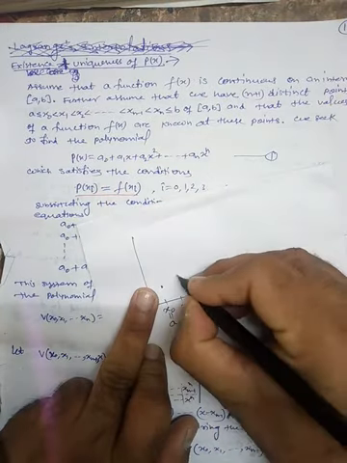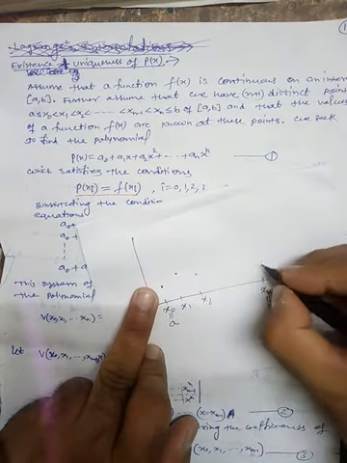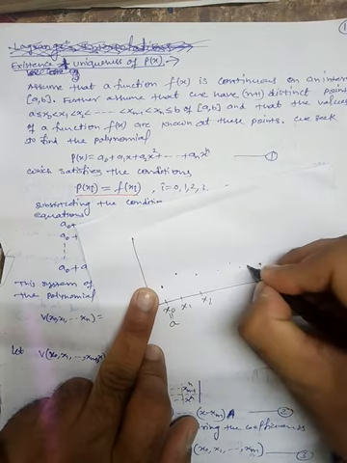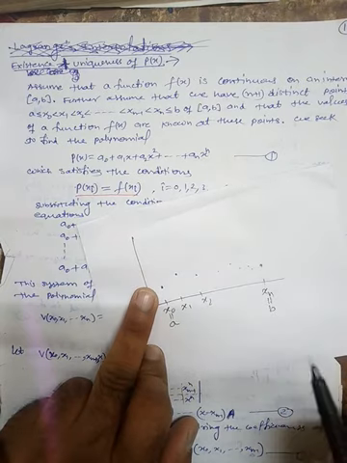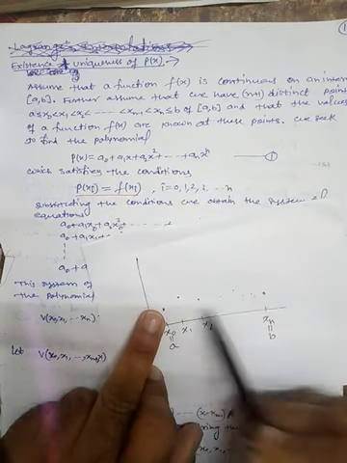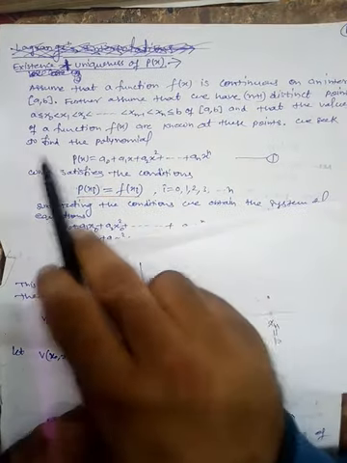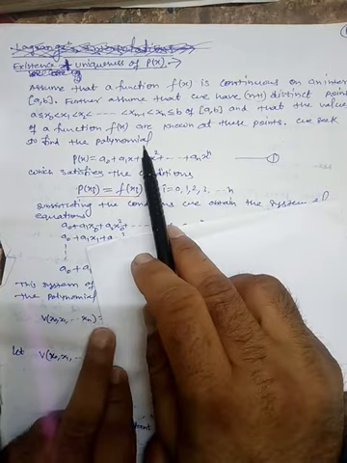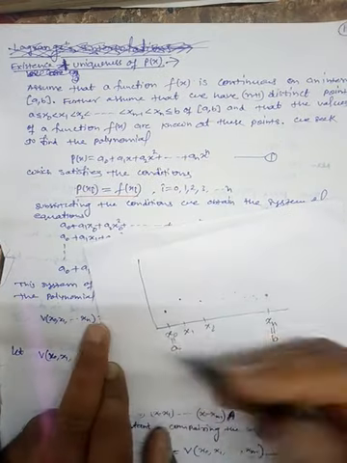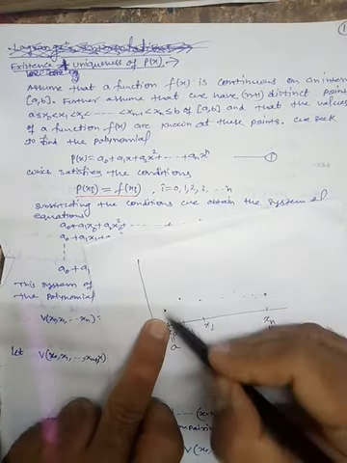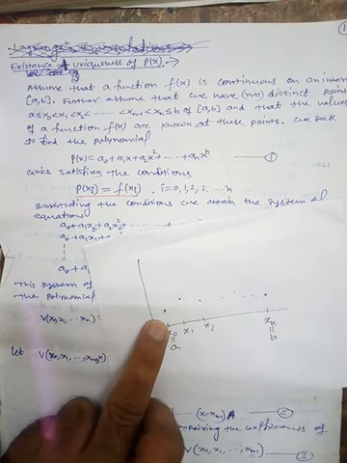That means this is known, this is known, this is known, and so on. In the intermediate, all these values are known. These dots represent that we have known information. So we seek to find the polynomial P(x). Our target is to find a polynomial which covers all these points.